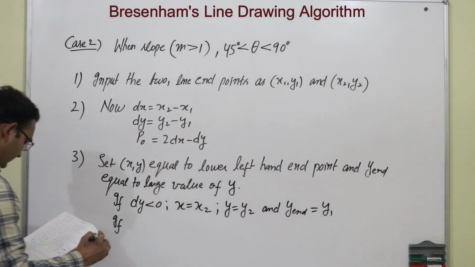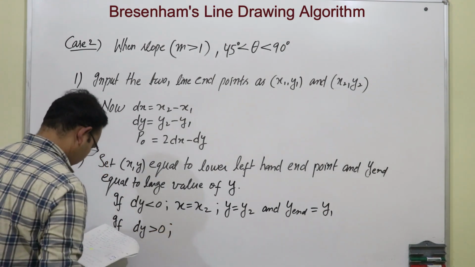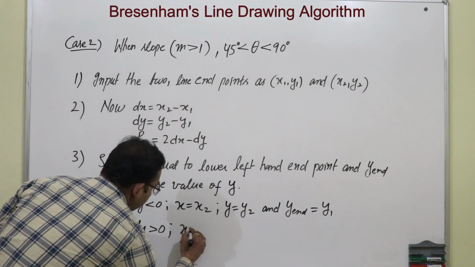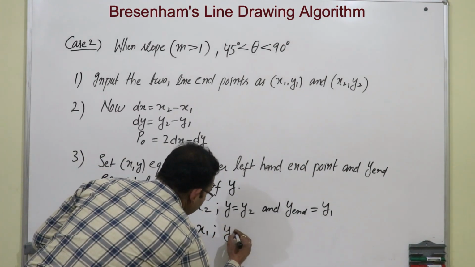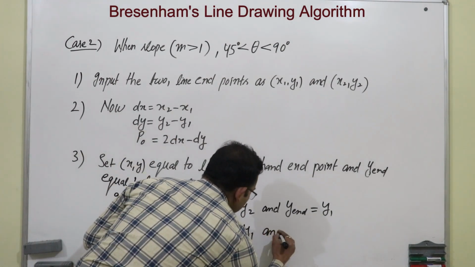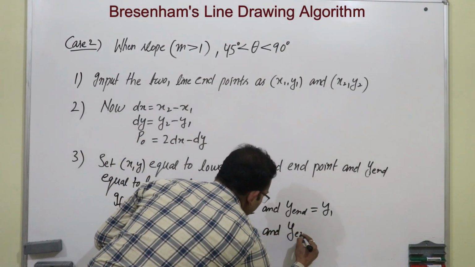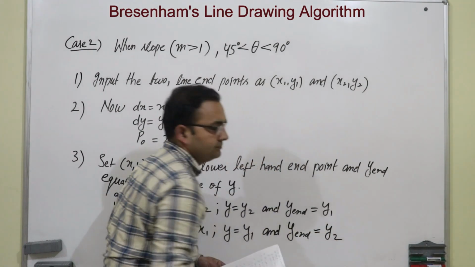If dy greater than 0, then x equal to x1, y equal to y1, and y end equal to y2.